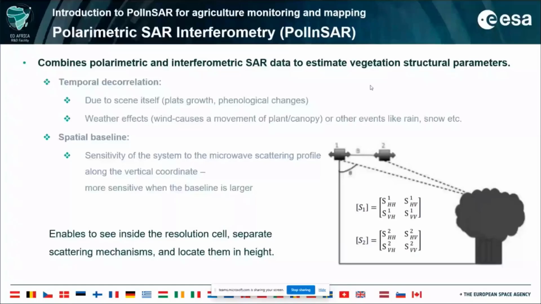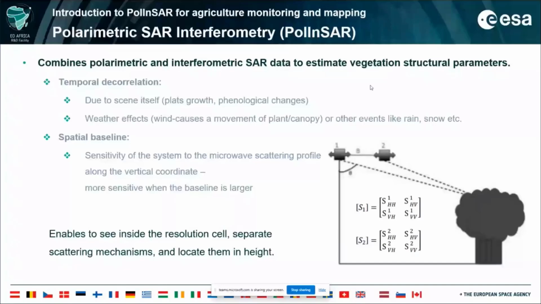And it requires more than 2 SAR images with controlled spatial baseline and minimized temporal decorrelation. So interferometry allows height allocation within the resolution cell, but cannot distinguish between different scatterers. And polarimetry distinguishes between scatterers, but does not provide height information.